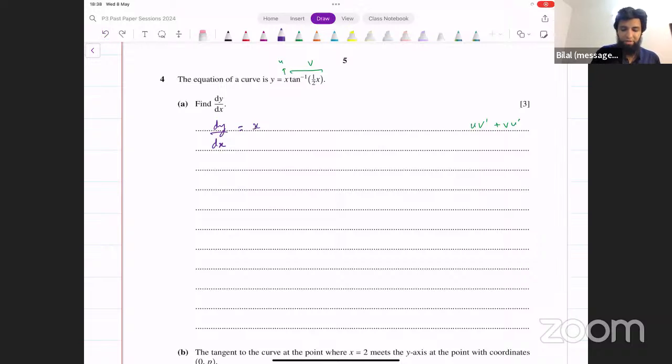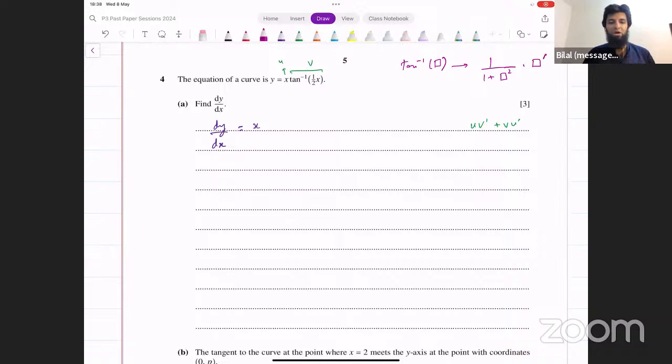What's the derivative of tan inverse of half x? Derivative of tan inverse of x is 1 over 1 plus x squared. But if you have something other than x here, what does that mean? Whatever that thing is, you have to multiply by the derivative of that as well, right?